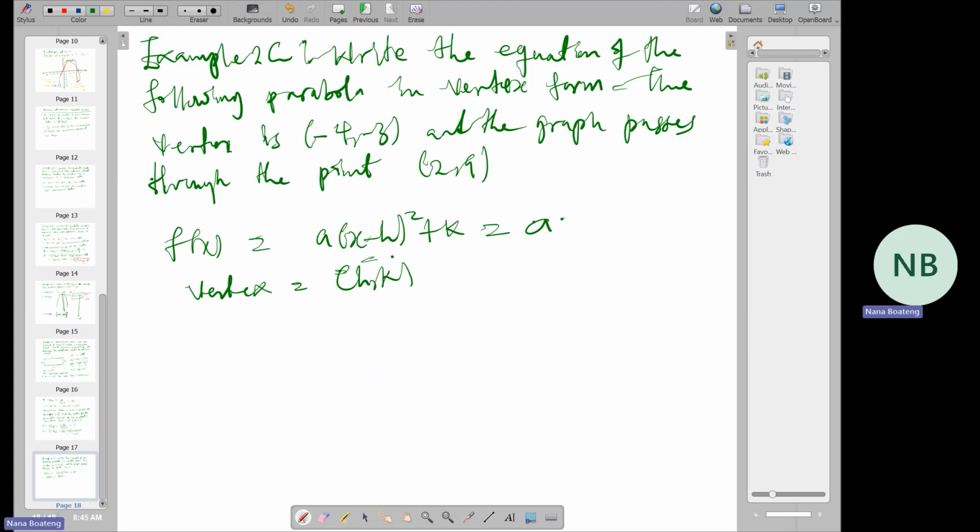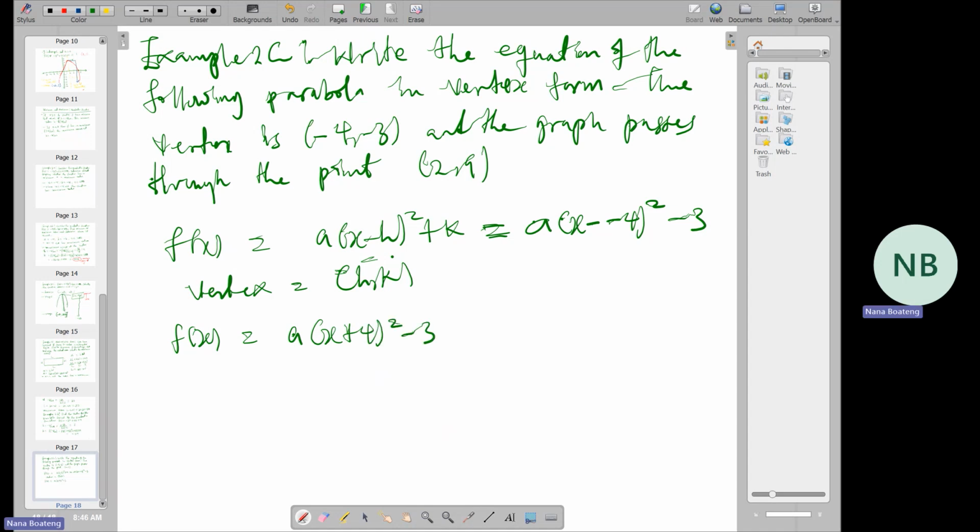So if we compare this to the vertex that we've been given, which is -4, -3, we can write it as a times x minus -4 squared plus -3. And so we have f of x is equal to a times x plus 4 squared minus 3.